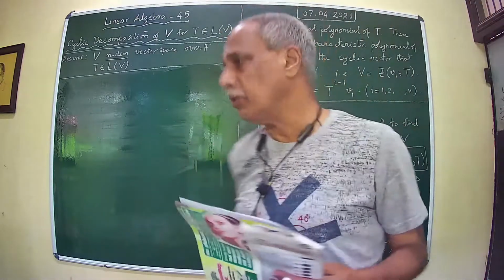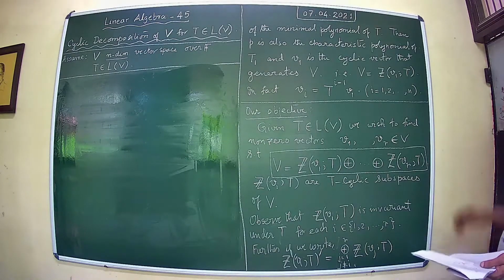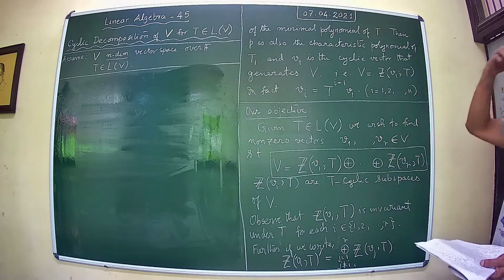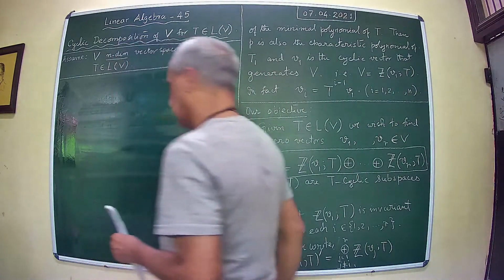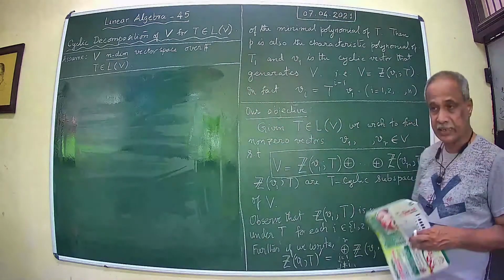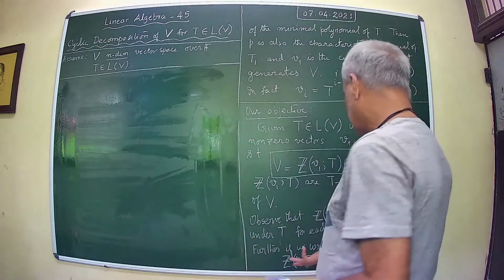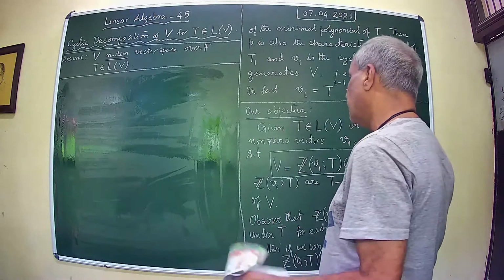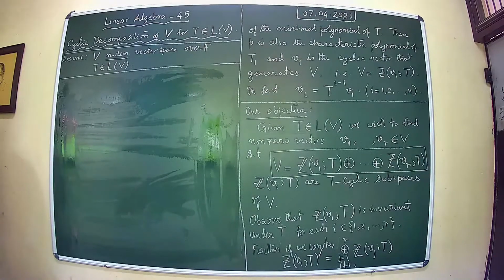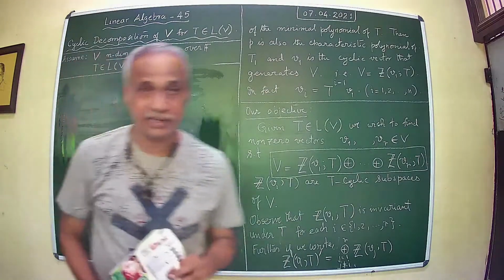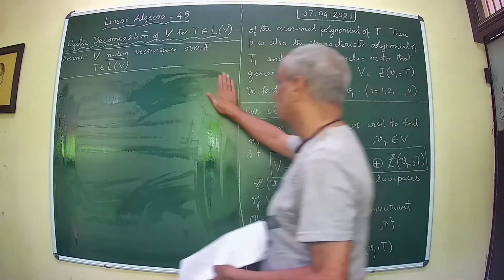Then what we observe is that each set Z(vi; T) prime is the complement space of Z(vi; T), to make certain observations. And we also observe that each Z(vi; T) prime is also invariant. So it's a complementary space of Z(vi; T), which is also invariant under T. So let us step on.